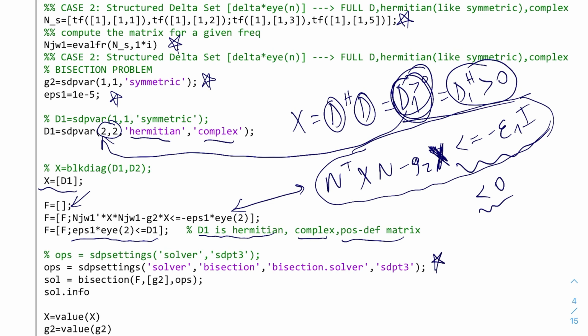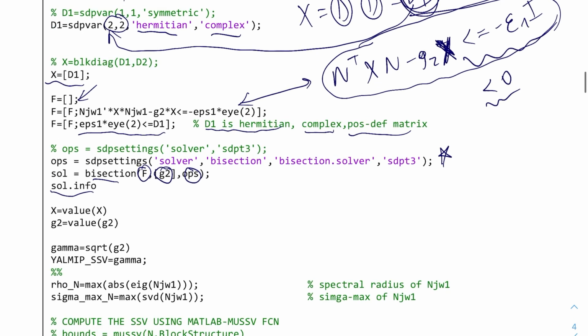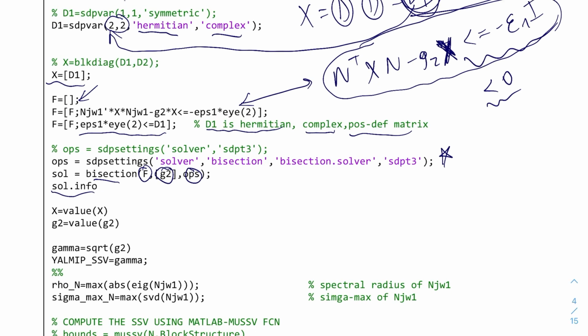Okay, and again the same line states that we are using SDPT3, and this is a bisection type of optimization problem, and that's why the Yalmip syntax, like bisection, and we put our constraints and then we put our bisection variable, right? And then options, and SDP settings, and then we finally check solution.info just to see if any error occurred during the iteration.